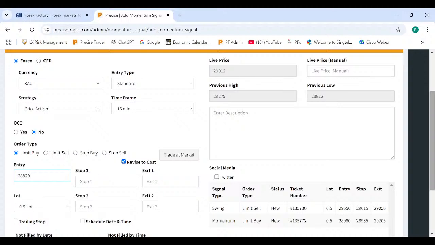Then the stop we give at 2877, and if that order is filled, we should get the price close to 2893, 93 or 94.